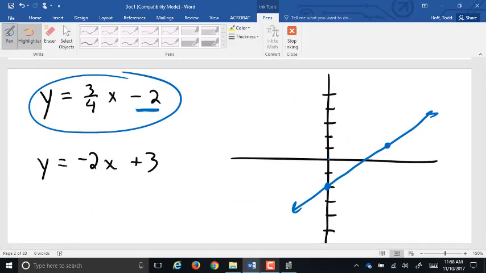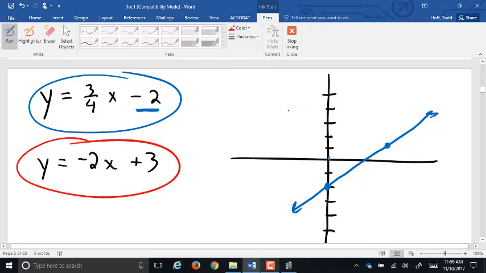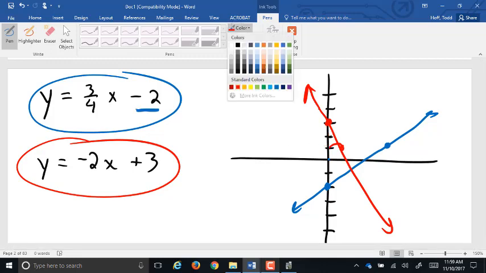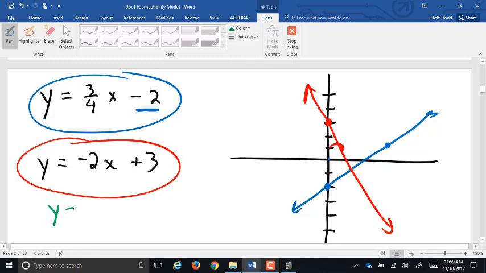The second one, where does this one start? +3, and then from there, down 2 over 1. Very good. And there is that graph. Now, what if we do something like that?